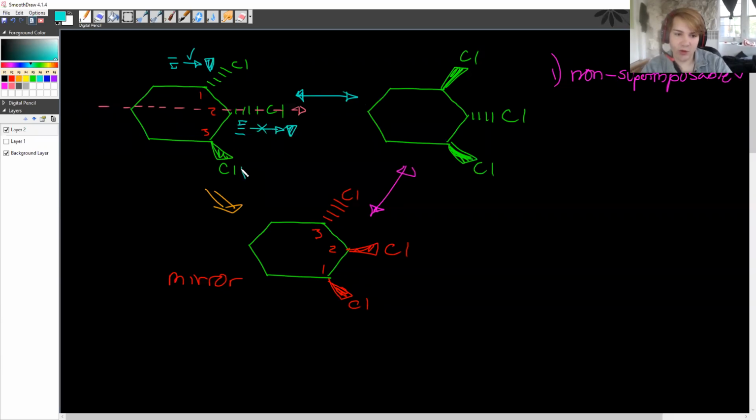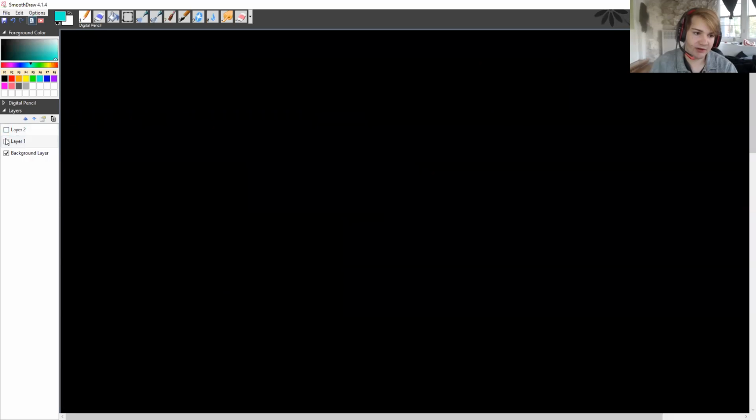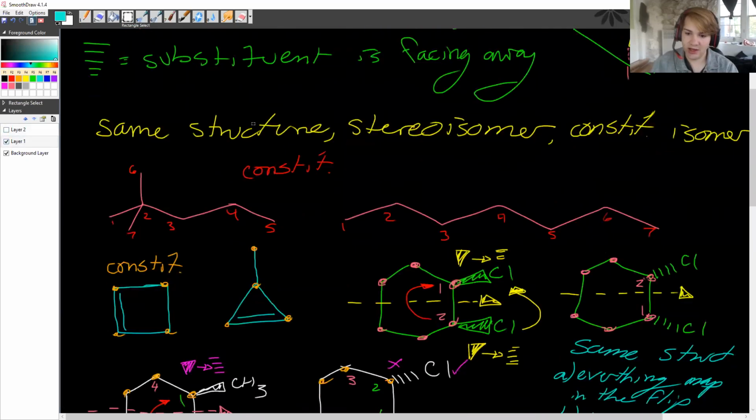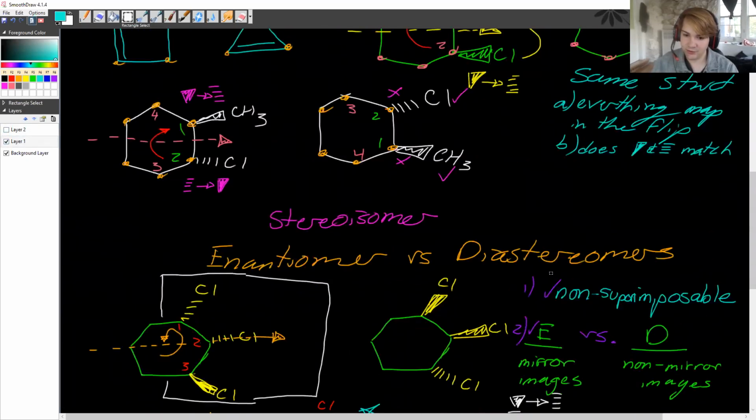And again, we have a wedge that failed to turn into a dash. And so the definition that I'm going to give you for enantiomer versus diastereomer, let me just copy this so that I have it all on one page.